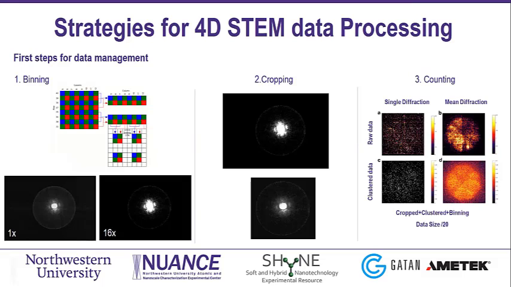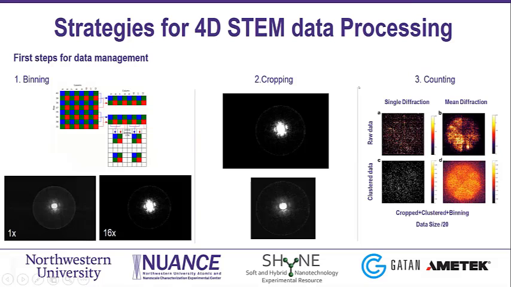The second one is cropping the data. You might not need a super large area like I show on the top part here. You might just want to crop, and you gain in terms of size. You may not gain in one image, but the moment you acquire thousands and thousands of diffraction patterns, that will definitely help. And the third one is counting.